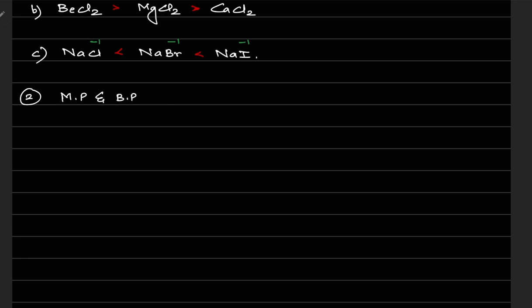When I say that the covalent character of any compound increases, this means the ionic character will decrease, because it has to be in balance. If the covalent character for a particular compound is more, this means the ionic character is slightly less.